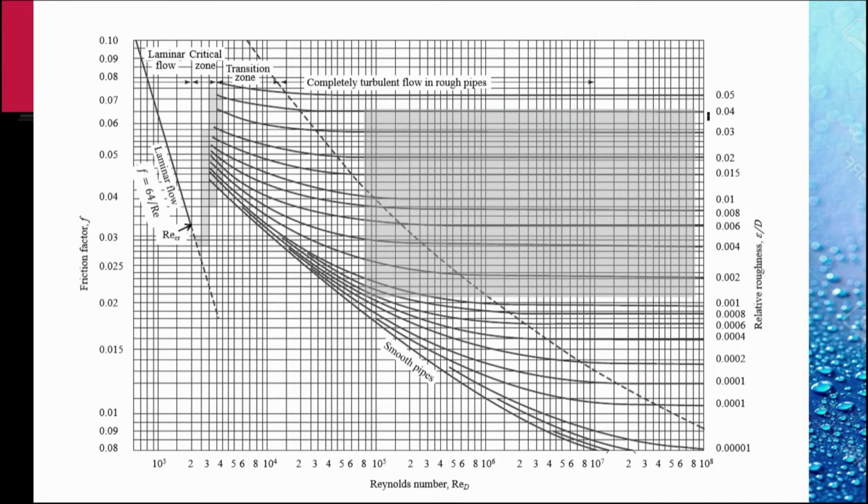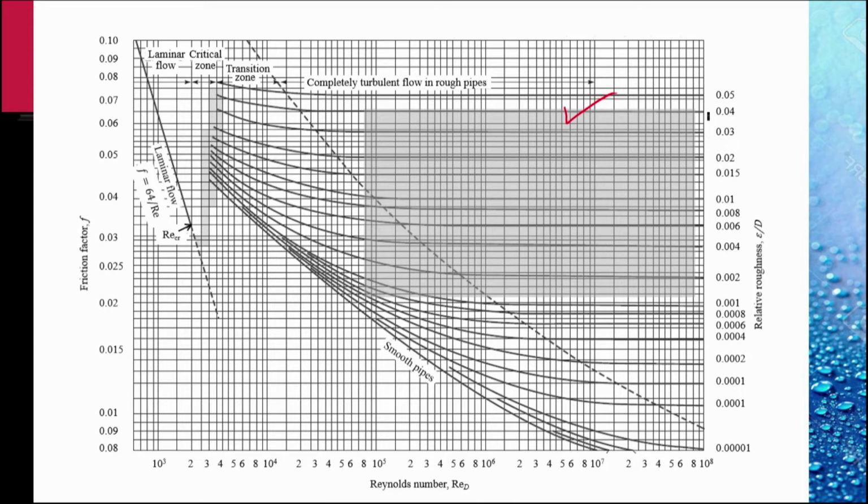In the other limit, for larger Reynolds number, in this gray area, the friction factor seems to be independent of the Reynolds number and just a function of epsilon by D, the relative roughness parameter.